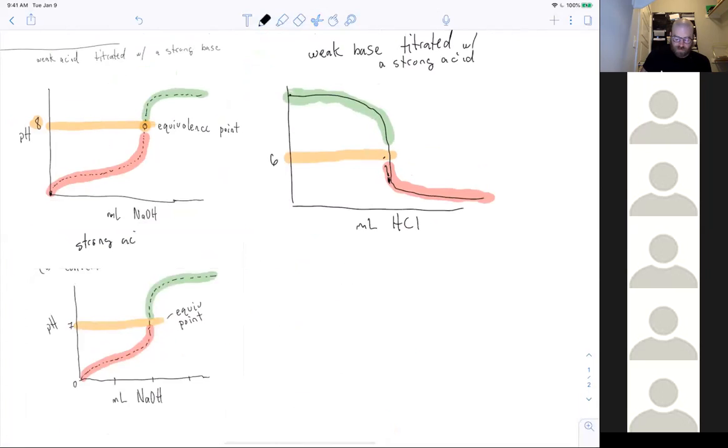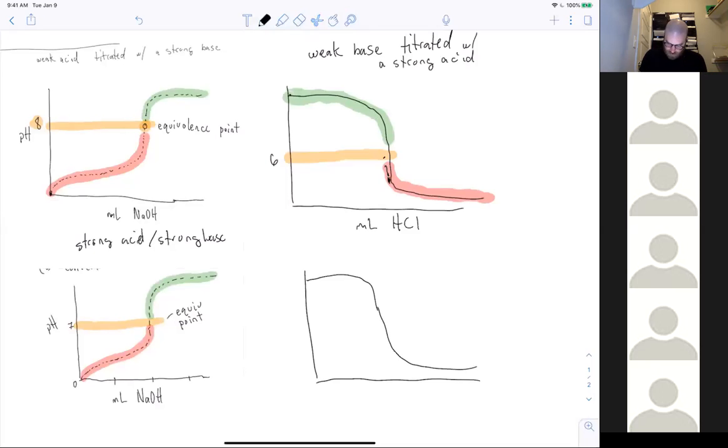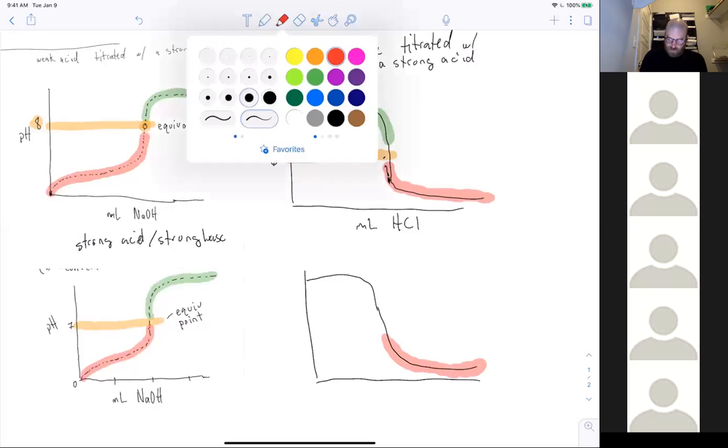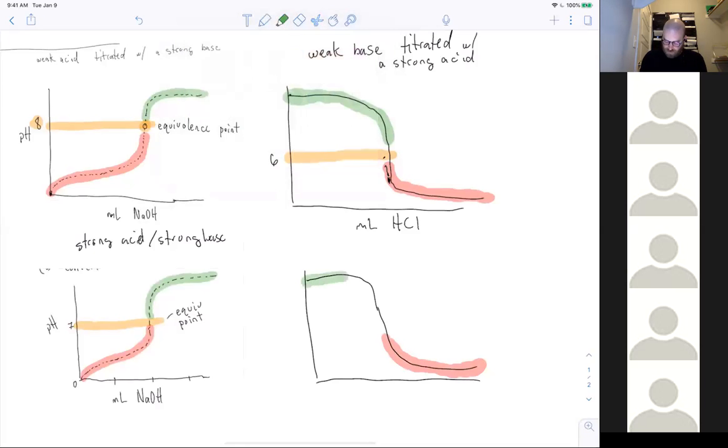Strong acid, strong base. And then we can look similarly for a strong base being titrated with a strong acid.